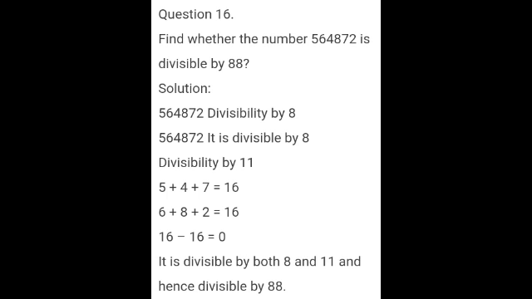The sum of the even place digits 6, 8, 2 is also 16. Now, for the sum of odd places and the sum of even places, we need to subtract and find the difference between both values.